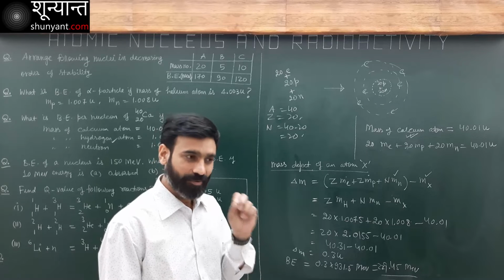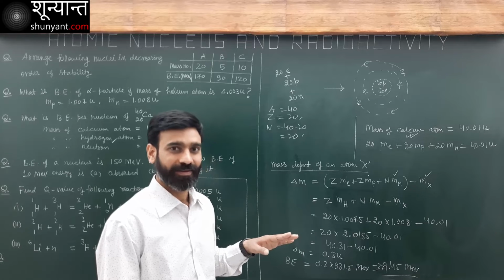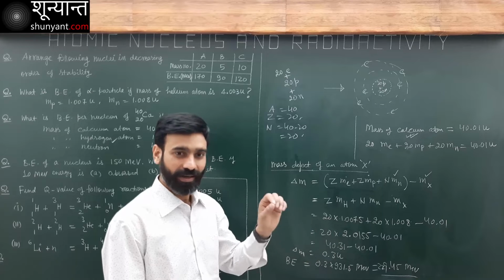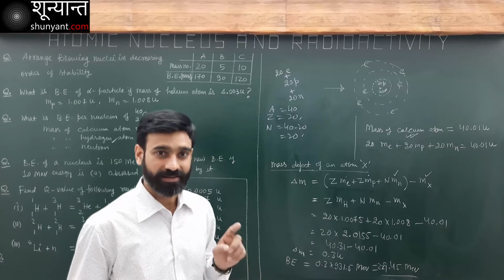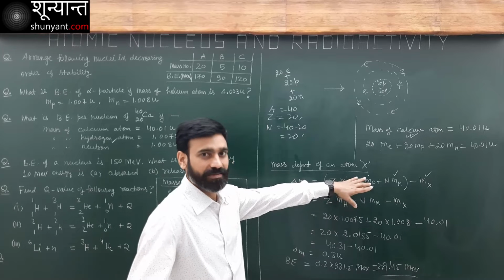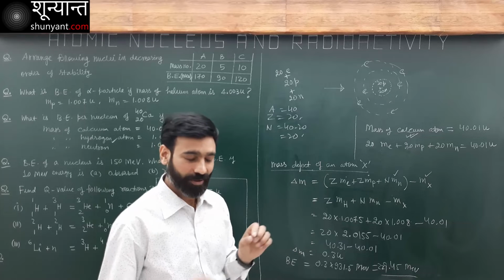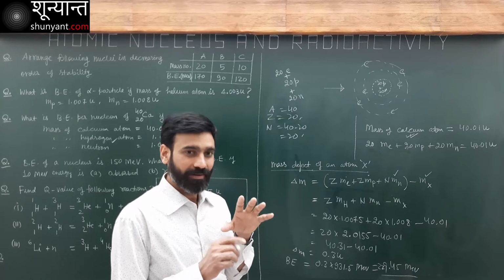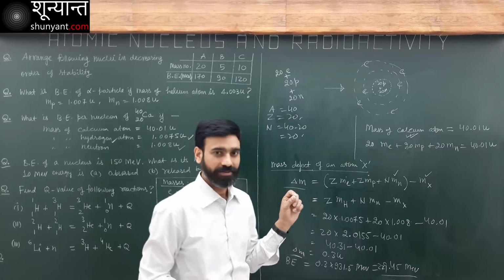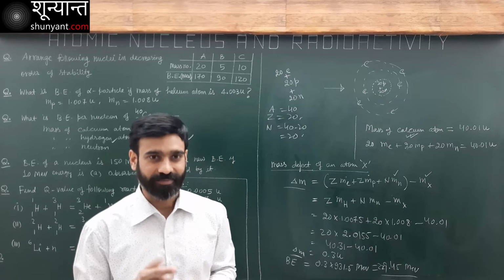Calcium what? Calcium nucleus. We are studying nucleus. It is not the binding energy of atom. This is the binding energy of calcium nucleus. Understand this? That's why we are making all this type of calculations. That's why we discussed so much about it, so that you are not confused. Here we are just concerned this way. When I write mass defect, this mass defect is only the mass difference between the nucleus, not the atoms.